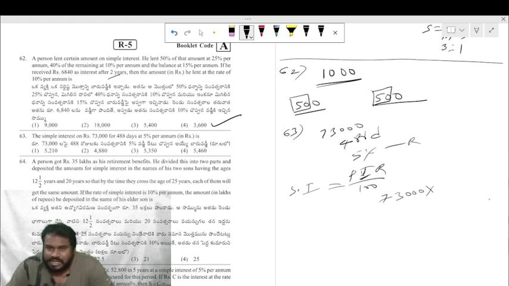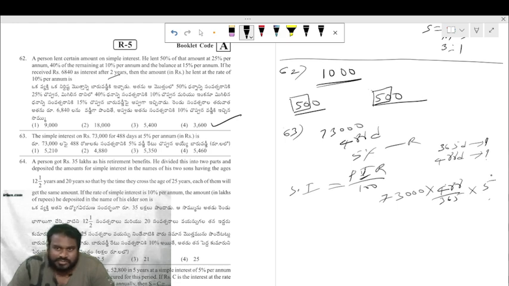T means time in years, but it is not given in years, it is given in days. So for 365 days, it is 1 year. For 488 days, how many years? 488 by 365, and into R which is 5. PTR by 100 will give you the interest at 5%.